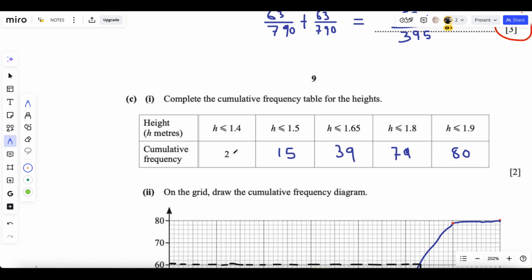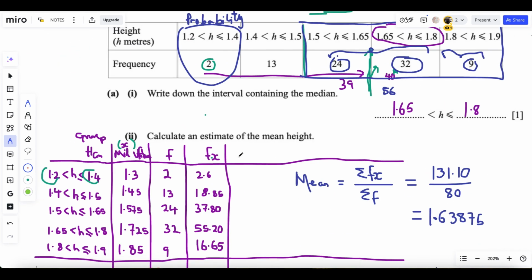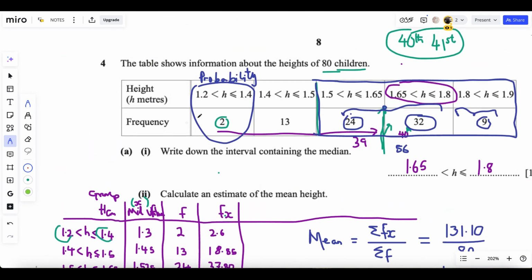Then we put the first frequency, which is 2, and that 2 will be the first cumulative frequency. To get the next cumulative frequency, we say 2 plus 13, which gives us 15. The numbers we've written out already. Then the next cumulative frequency, you say 15 plus 24, you get 39.